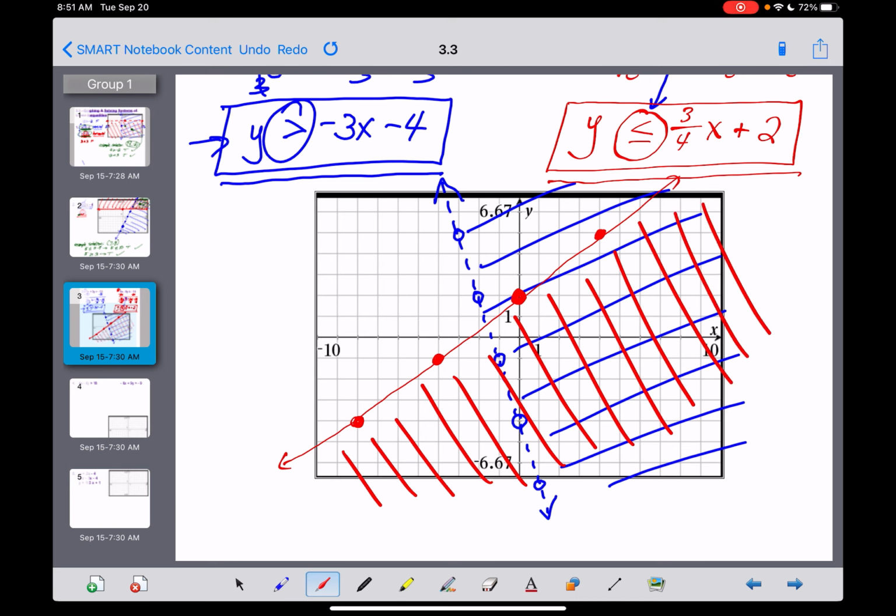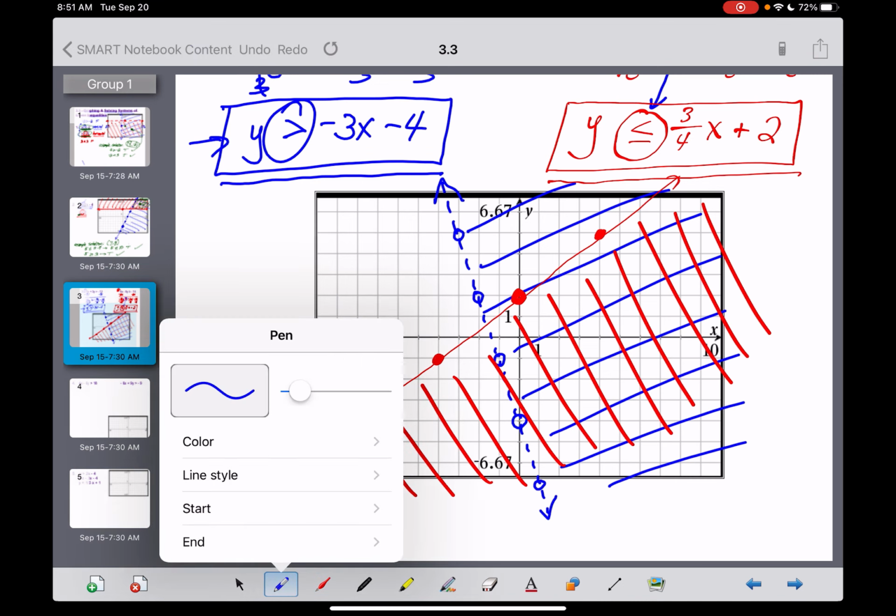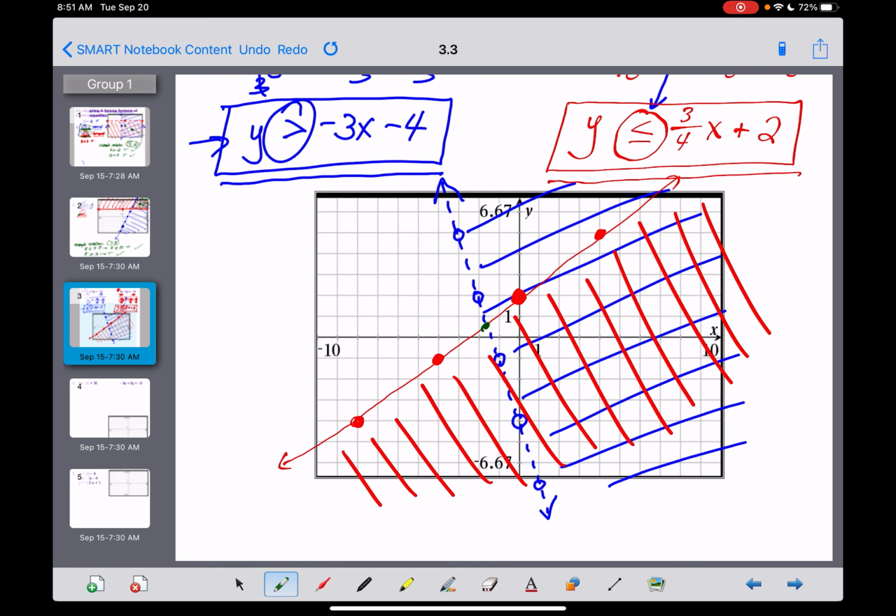The weird thing about this problem, I commented on this just a second ago, is one of your lines is solid and one of your lines is dashed. That's kind of unusual, but it certainly can happen, so just be aware that that's the case. Now, if we were actually solving a system of equations, this would be kind of a pain because the point of intersection between these two lines is right there.